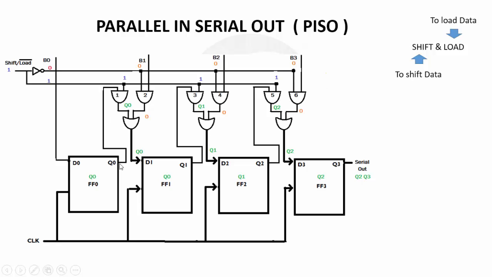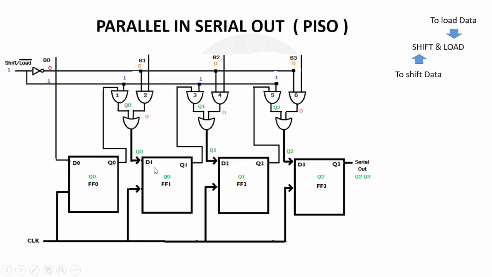Therefore, Q0 will now be connected to D1, Q1 will be connected to D2 and Q2 will be connected to D3. When the falling edge occurs, the data present in flip-flop number 0 will get stored in flip-flop number 1, the data present in flip-flop number 1 will get stored in flip-flop number 2, and the data present in flip-flop number 2 will get stored in flip-flop number 3. Thus, our data will get shifted.